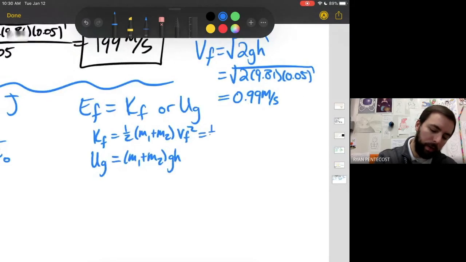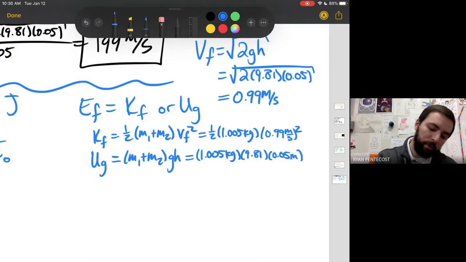Let's get 1/2, 1.005 kilograms times 0.99 meters per second, and that's all going to be squared. Then here you have 1.005 kilograms times 9.81 times 0.05 meters. If you do that math, these are really close.